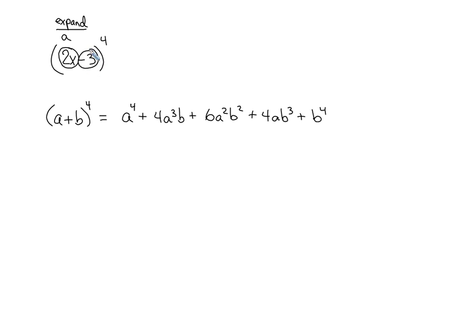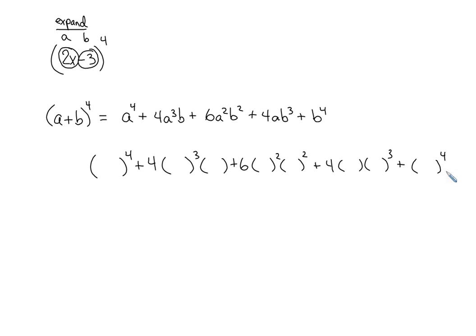Negative 3. That's our b. And so what we're going to do now, guys, is we're going to go a to the fourth plus 4a cubed b plus 6a squared b squared plus 4ab cubed plus b to the fourth.